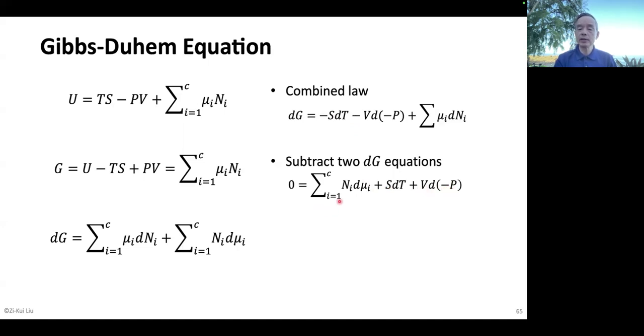So we know this is a molar quantity, and this is a potential. So for molar quantity and potential, we can write a compact form, which is the summation of X_A dY_A equals 0. So it's the molar quantity and its conjugate potential differential, summed together, equals 0.